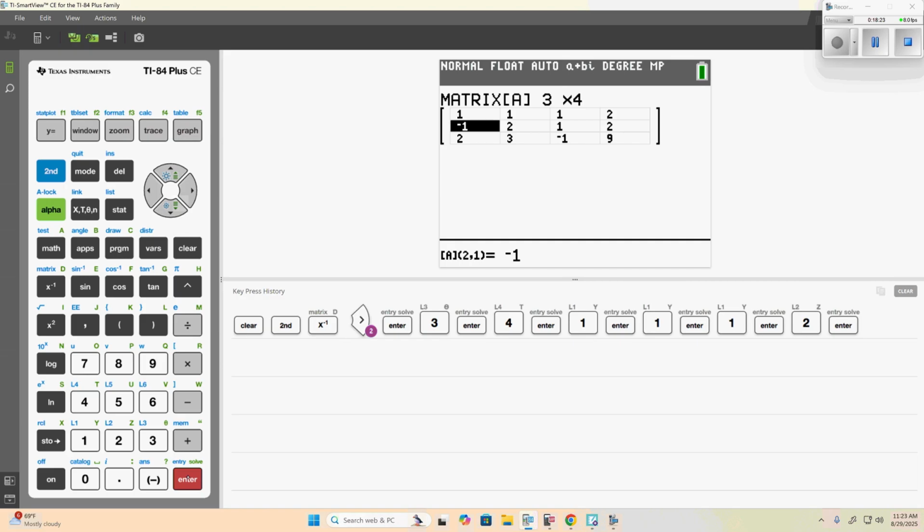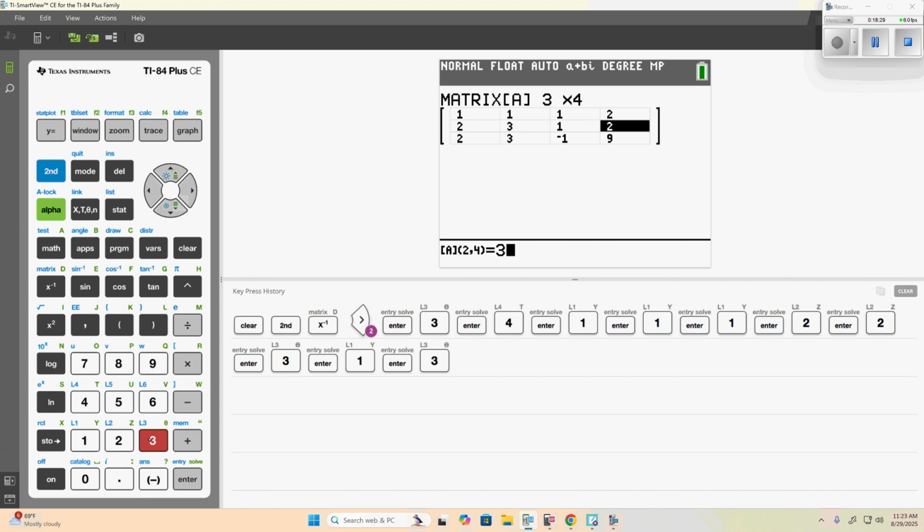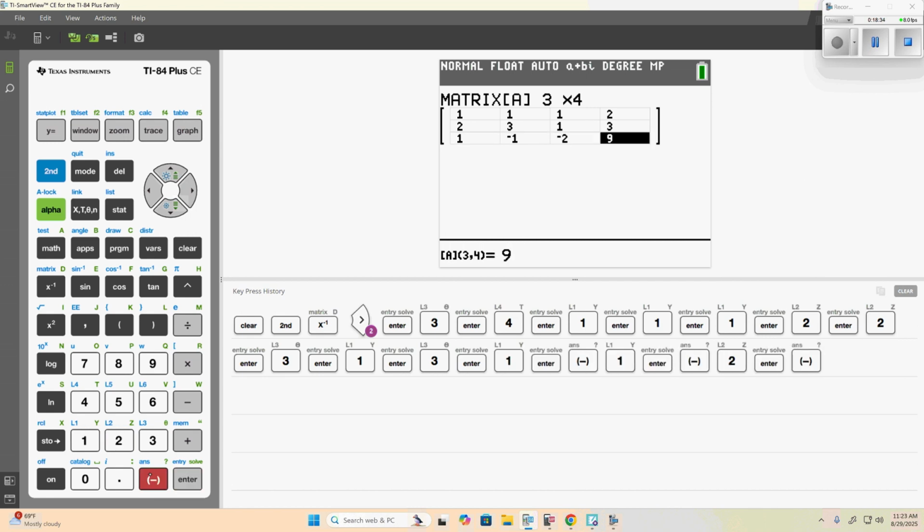So 1, 1, 1, 2, 2, 3, 1, 3. Yours is not going to show the whole screen. As you keep putting them in, 3 by 4. We're putting in one element at a time. So 1, hit enter. Now put the next one in.